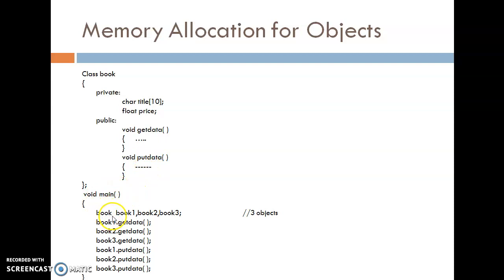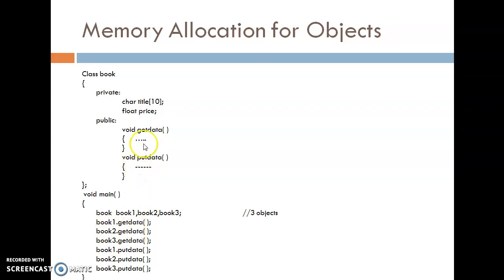Here book is the class name. With the use of this class name book, we are going to create three objects, book 1, book 2, book 3. We can access the public members of the class through these objects. So book 1 dot get data, book 2 dot get data, book 3 dot get data.